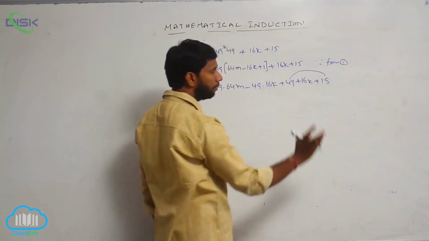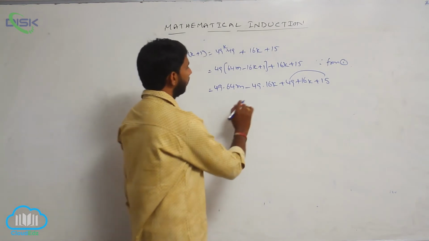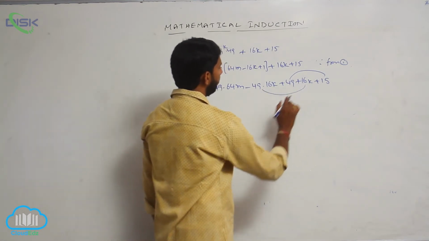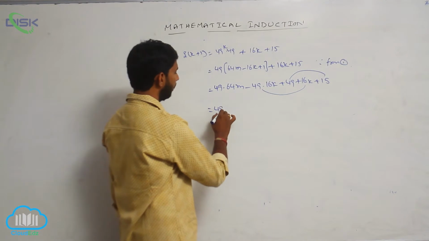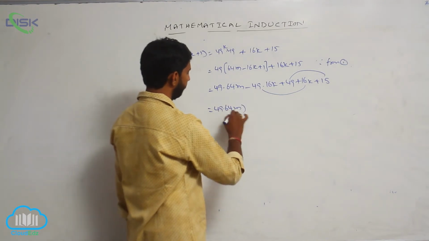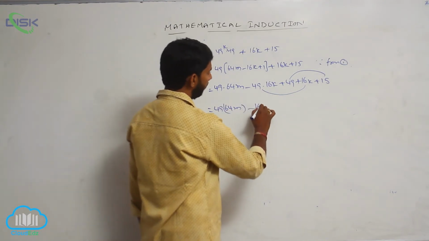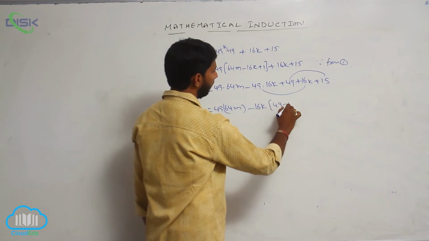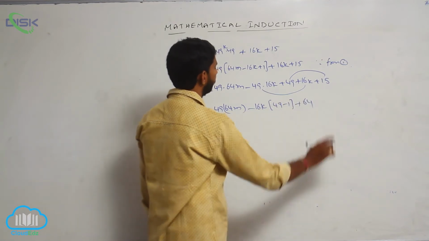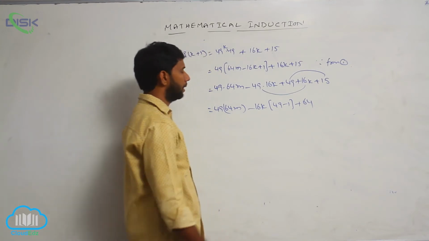Here 49 plus 15 is 64, and in the second and fourth terms, 16k is common. That is 49 of 64m minus 16k times (49 minus 1), plus 64.